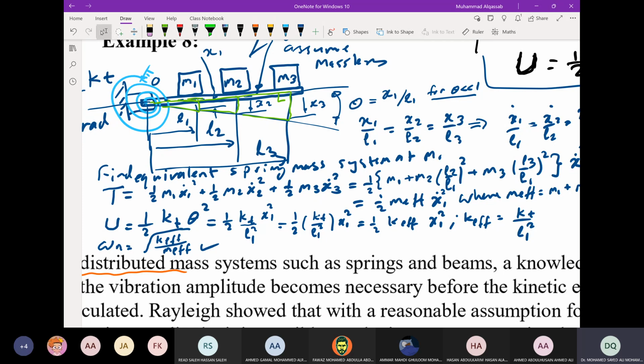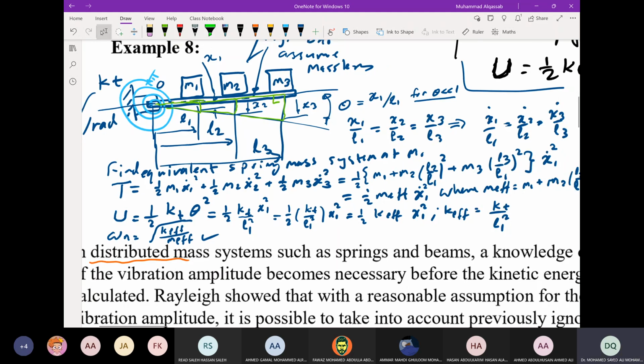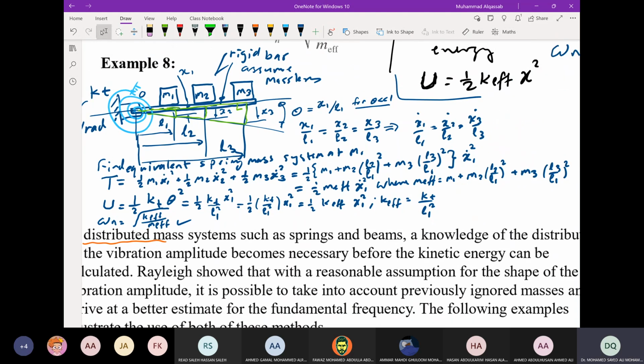But the final equations will be the same. Omega n at the end will be the square root of K effective over M effective. And if you have numbers, you will get the same result. Even the kinetic energy and potential energy are the same, whether you use x1, x2, x3, or theta. Okay, so this is an example of reducing this system into a spring mass system.